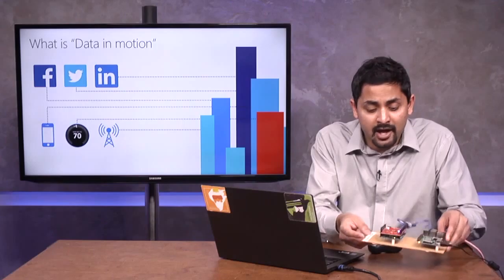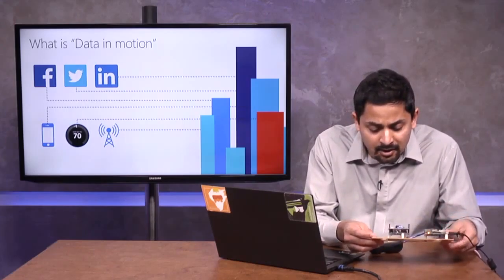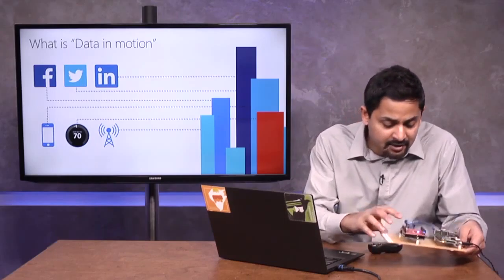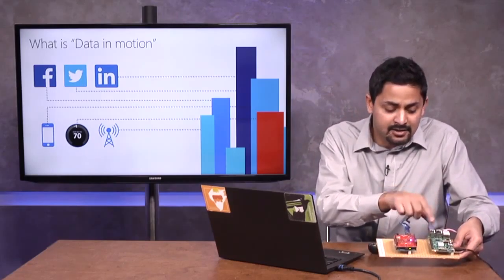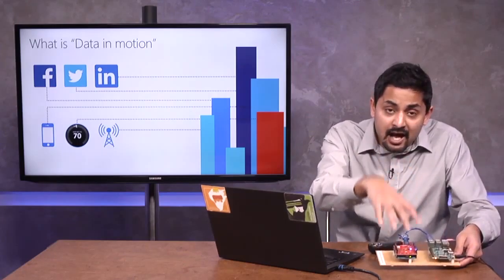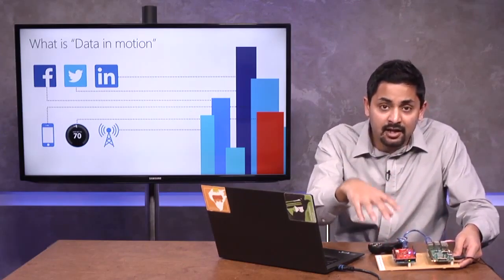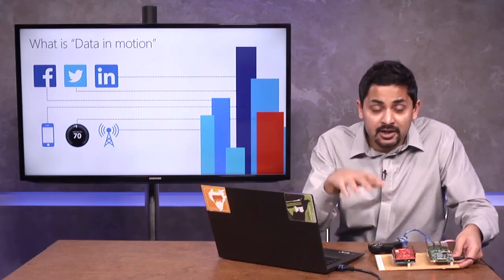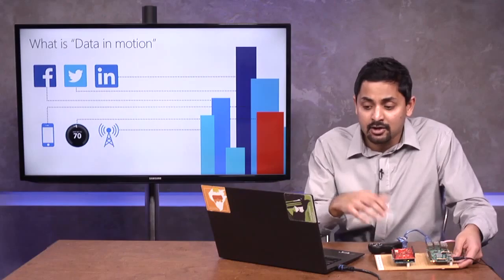Here, what I have is a weather shield which is connected to an Arduino Uno board and connected to a Raspberry Pi device. This Raspberry Pi device is sending data, the live temperature, live humidity, how much light there is here, all of this from this room where we are currently recording, to Azure.